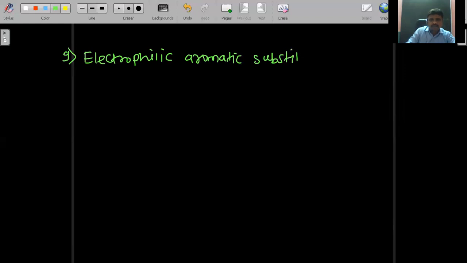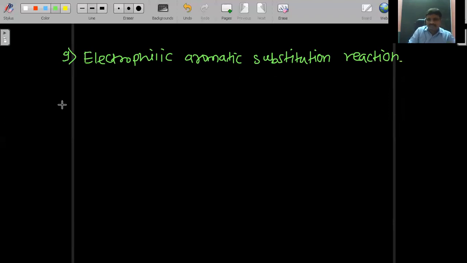So this is reaction number 9, electrophilic aromatic substitution reactions. Okay, so generally substitution reaction takes place in aromatic compounds.